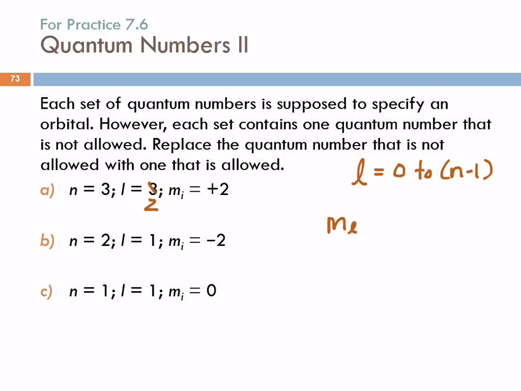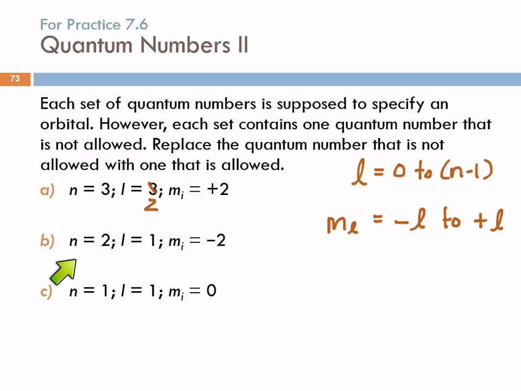M sub L is from minus L to plus L. So this is an acceptable set of quantum numbers. If we put 1 in here, would that work with M sub L being plus 2? No, it wouldn't. Because if we put 1 here, then M sub L can only go up to plus 1. It can't be plus 2.